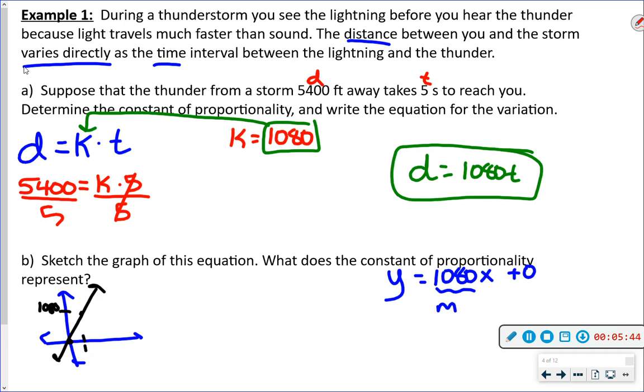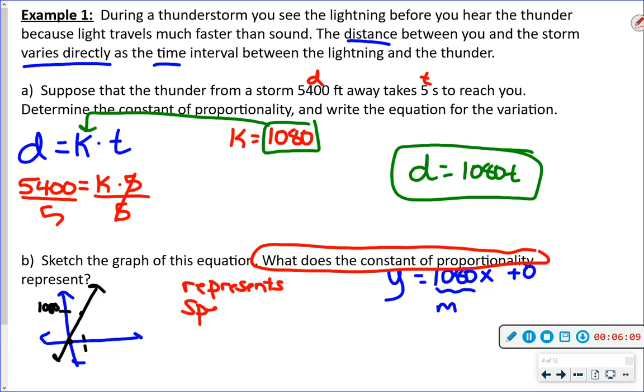I care more about this part of it. What does the constant of proportionality represent? Well, of course, it's the slope in our situation, but more important, we want to apply it to our word problem. So that 1,080 is representing the speed of sound, how long it takes to hear that thunder. I'm just going to put: represents the speed of sound.